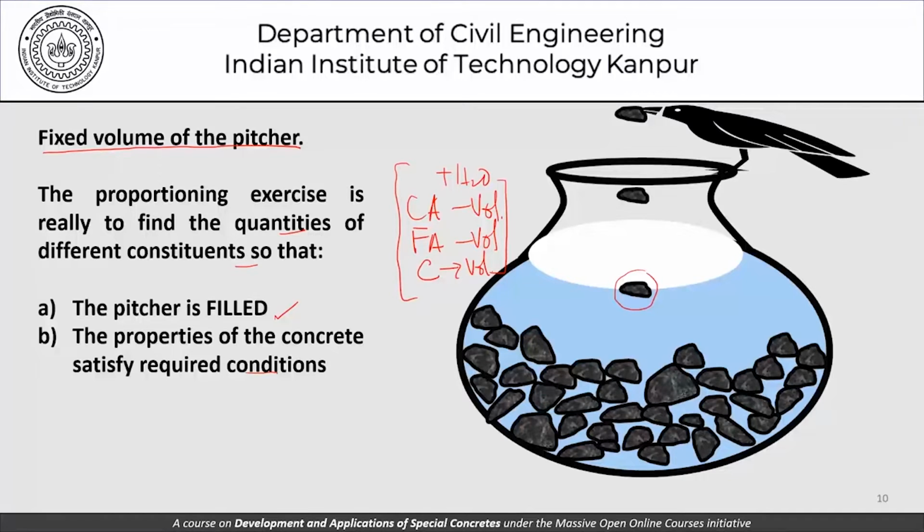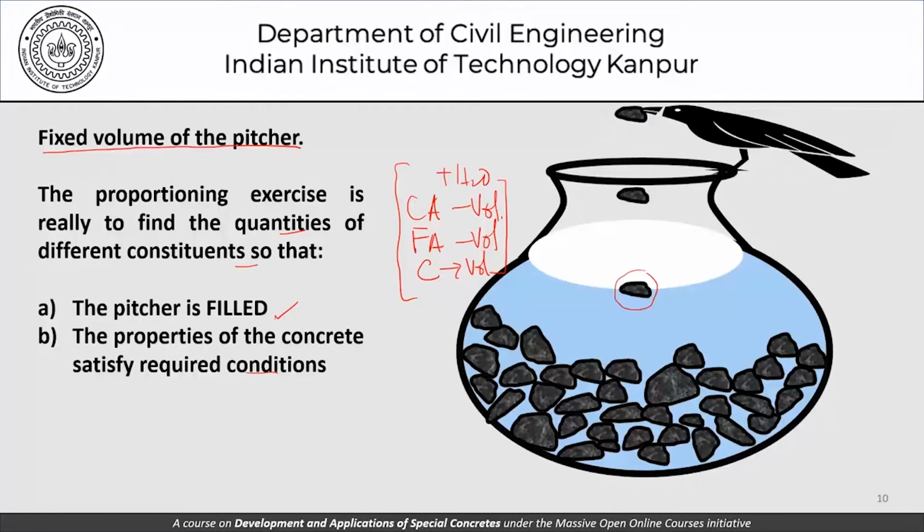That is the thought process. And I've already told you that this thought process or this model for proportioning concrete mixes is just one of the models that is available, commonly used. There are other ways of looking at proportioning as an exercise, and you are welcome to read about them.